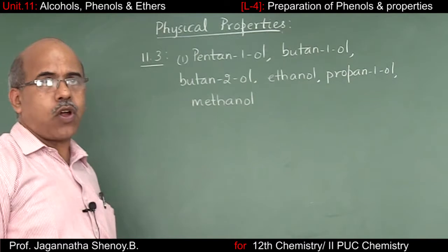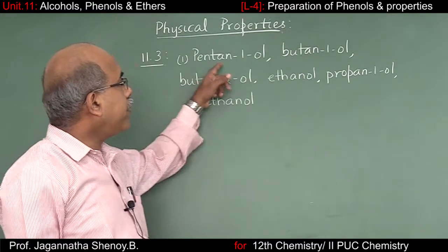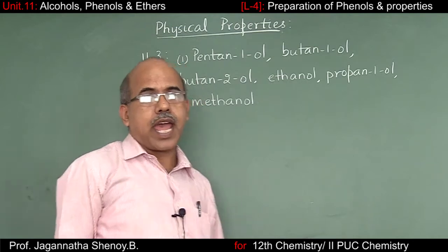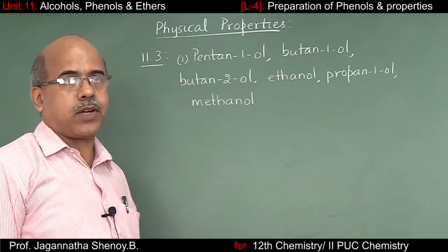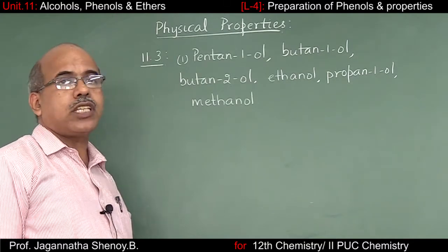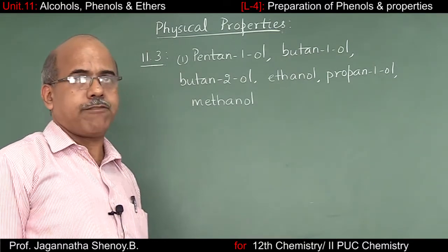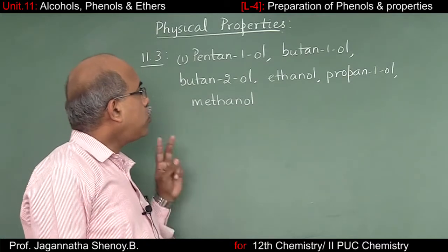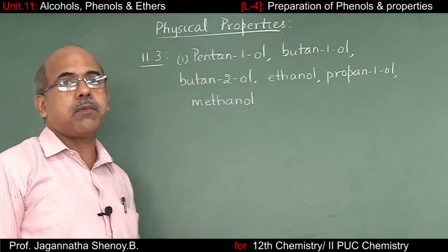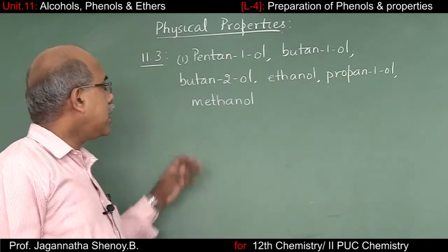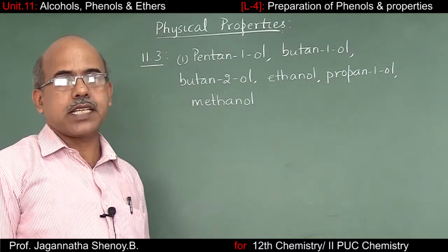This is a solved in-text question in the NCERT textbook. They have given you different alcohols and asked you to arrange them in the order of increasing boiling points. Or in other words, I have to start placing the alcohol with the lowest boiling point first. You have to know two concepts here. The first point is, with the increase in number of carbon atoms, the boiling point must increase.